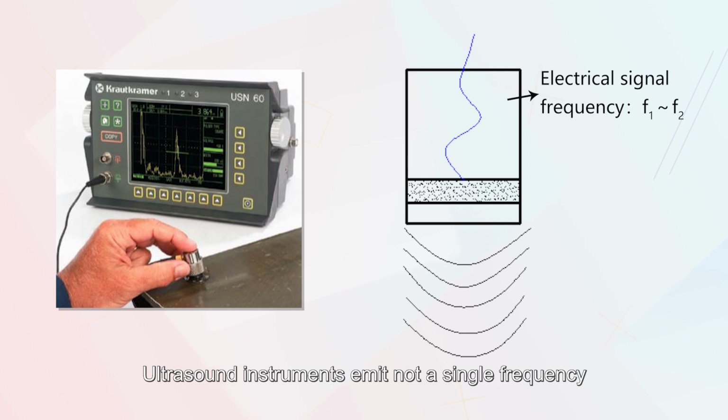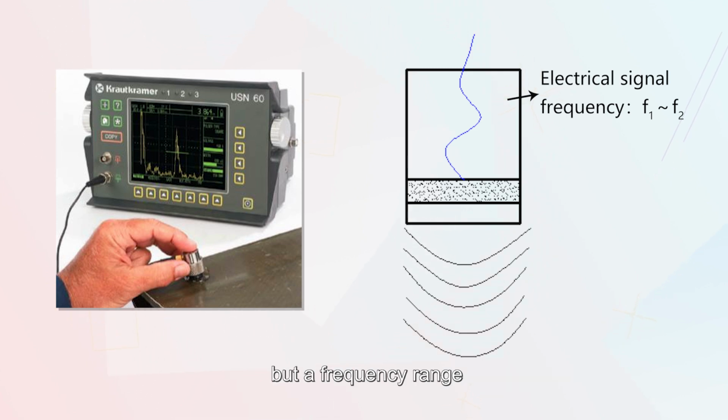In ultrasonic testing, in order to obtain the maximum intensity of the ultrasonic signal, ultrasonic instruments emit not a single frequency, but a frequency range that covers the probe's natural frequency.